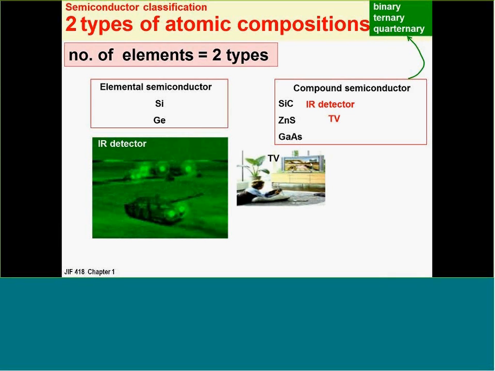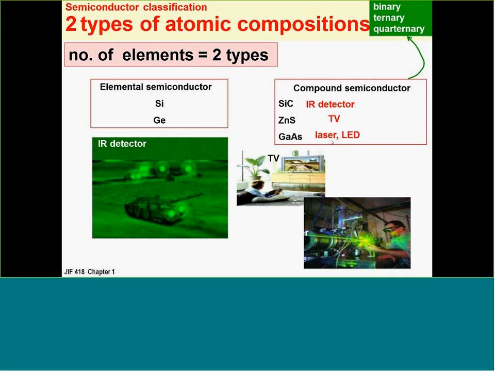I mean, perhaps the one that you have checked before is zinc selenide, and gallium arsenide is the one that we use in making lasers and also LED. Okay.